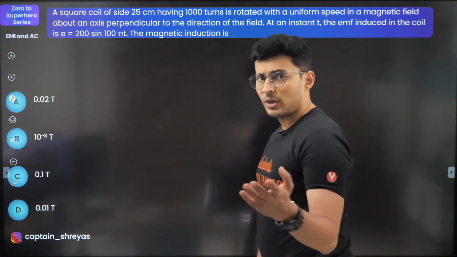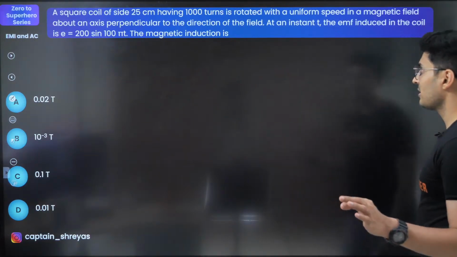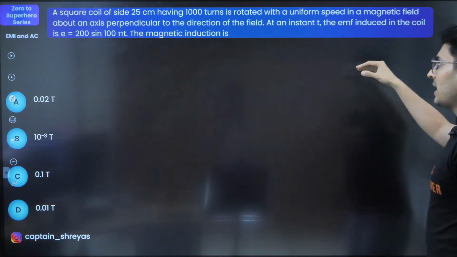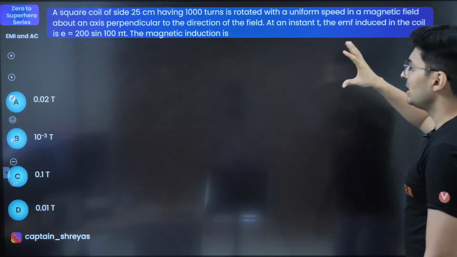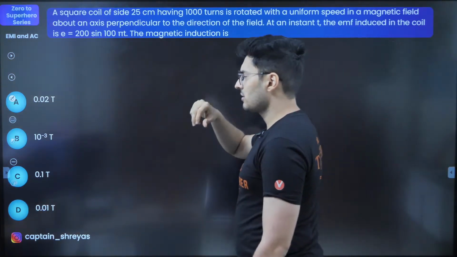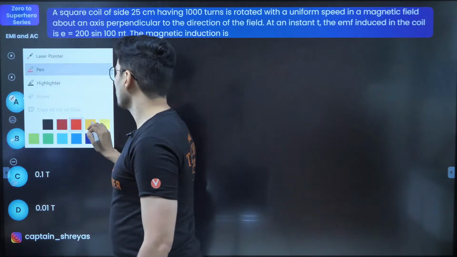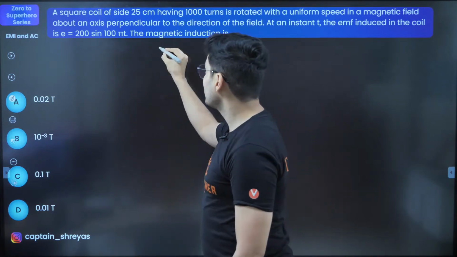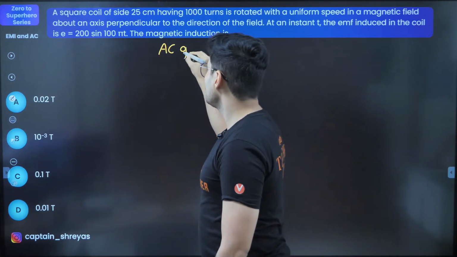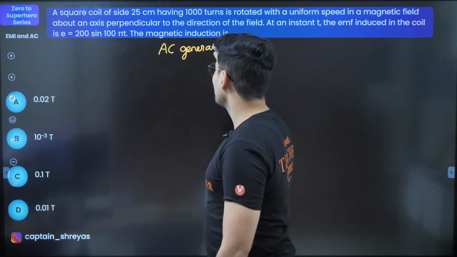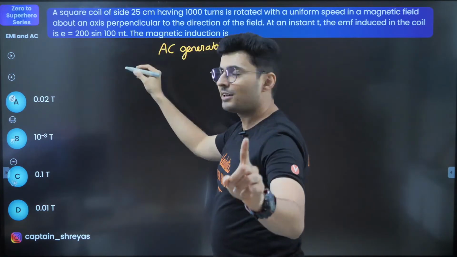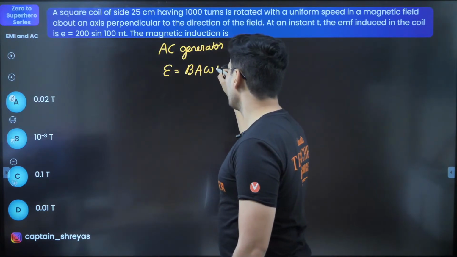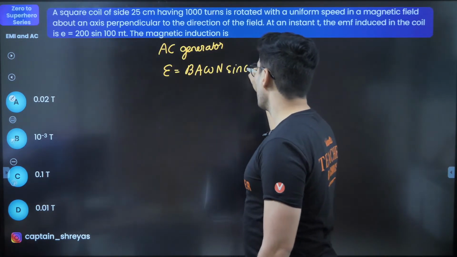Alright, we have a square coil of side this much centimeter, having this many turns, rotated with some speed in a field perpendicular to the direction, and the EMF induced is this much. The moment you see this question, one thing should click in your mind: this is a question on AC generator, because in an AC generator the EMF was similarly BA omega N sine omega t.